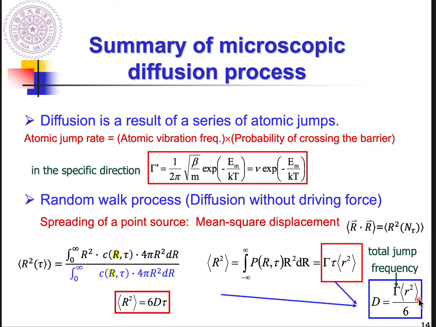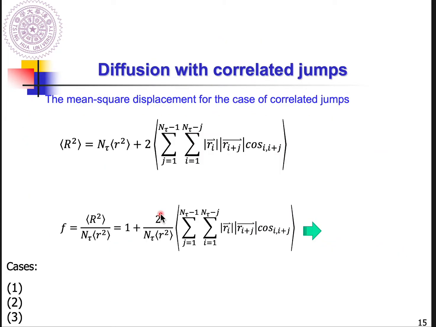But actually, for the results we got here, we made a very important assumption to simplify the case, which is a random walk process. Because we assume it is a random walk, based on the equation we derived for the mean square displacement, the second term becomes 0.